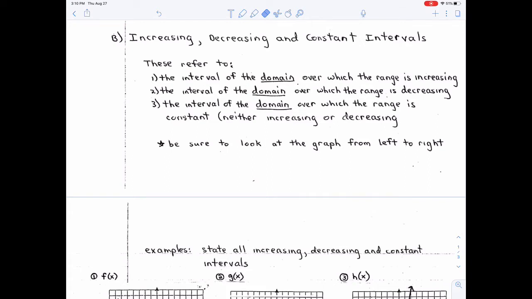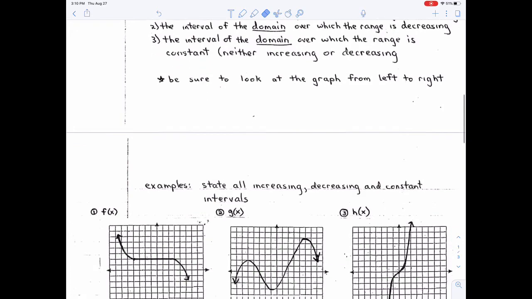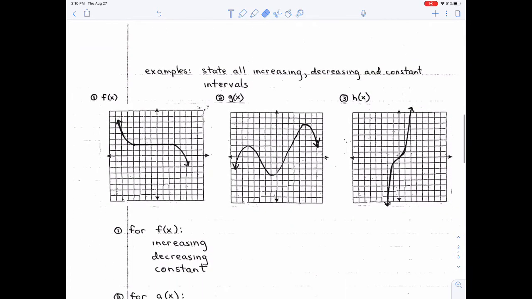Just remember, you're trying to find the value of x where the graph is going up, down, or flat. This is where you need to use your pencil, and you always need to keep your pencil vertical. Why? Because we're looking for values of x.